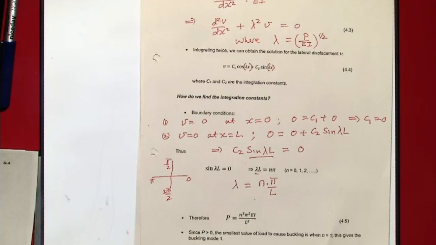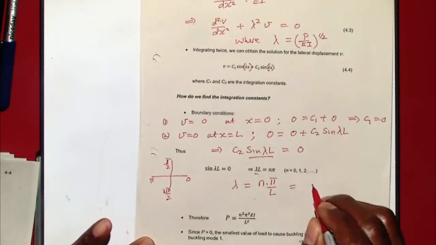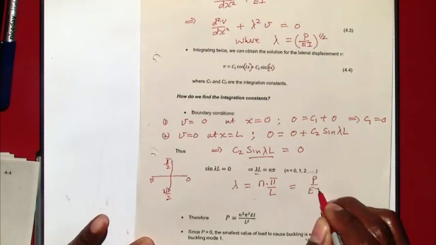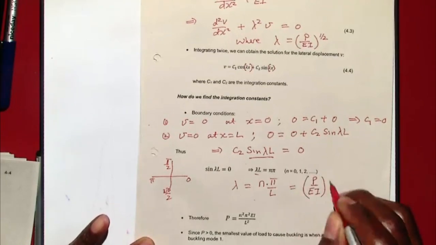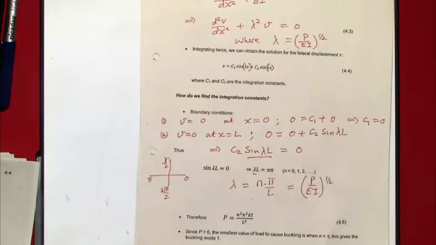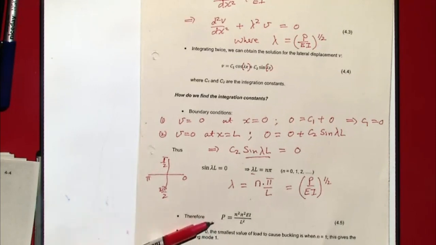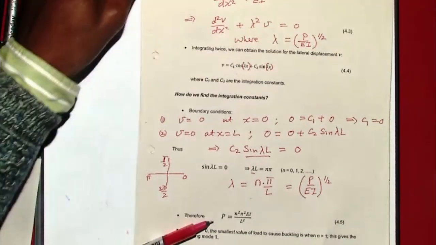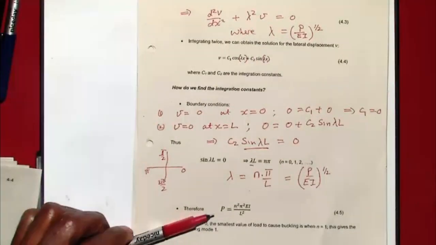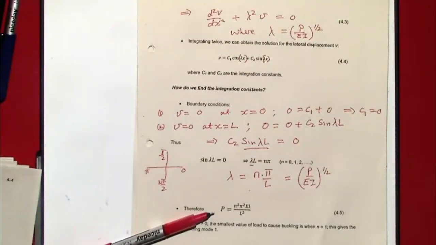Because we defined our lambda earlier as the square root of P over EI, if I square both sides, I can find P. So that is where we've got here. So the load P that will cause that beam to become unstable, we'll now be able to find.